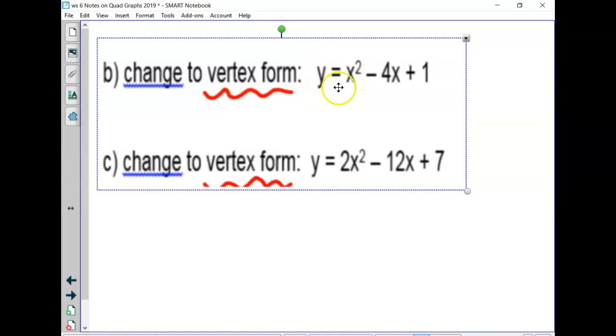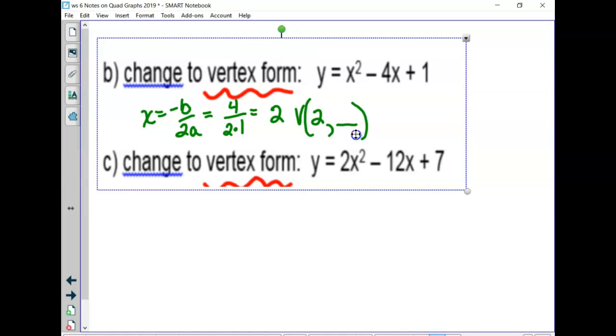Okay, completing the square wasn't too bad here, but let me show you. If you use my x equals opposite of b over 2a, what would you get here? Opposite of b would be 4, 2 times a, which is 1. All that would become 4 divided by 2 is 2. So I know the vertex has a 2 for the x, and I need to find the rest of the vertex.